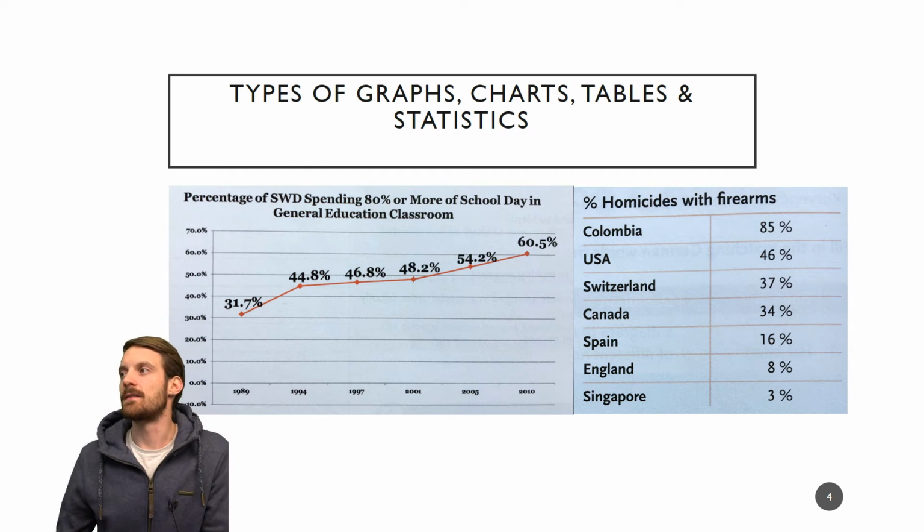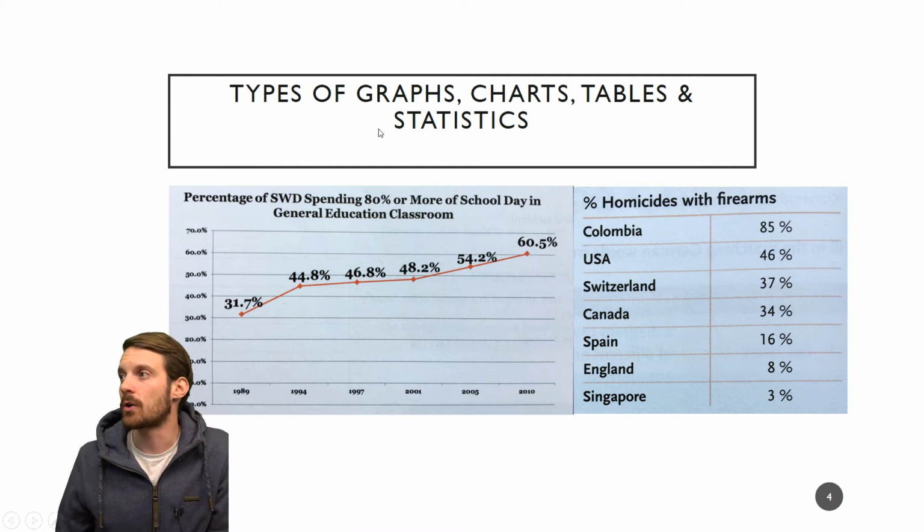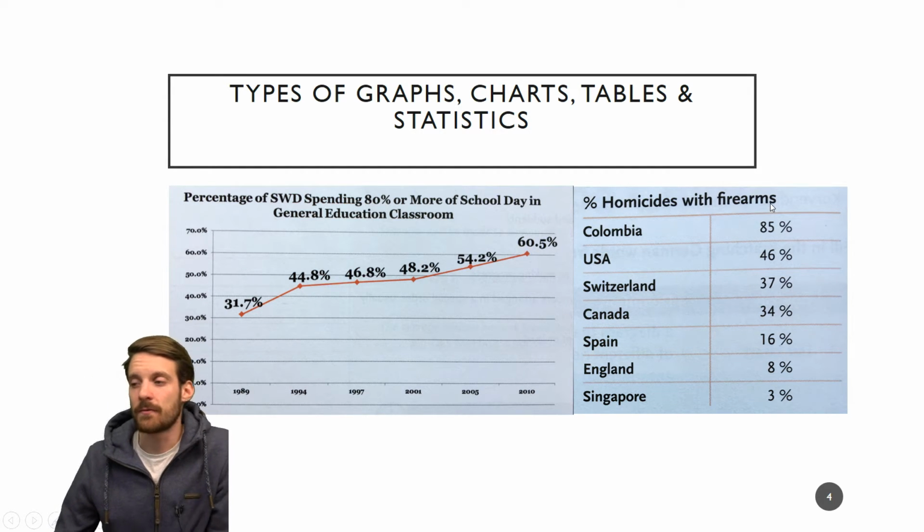So it's not that difficult actually to find it out or to work with it. On the right side here, this is a table, and in this case it shows the percentage of homicides with firearms.